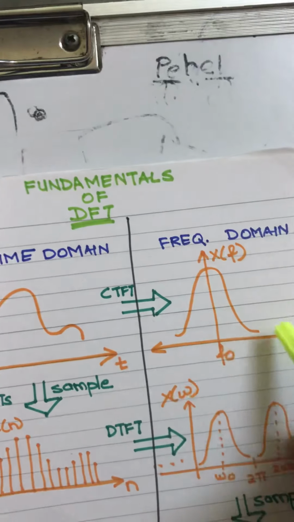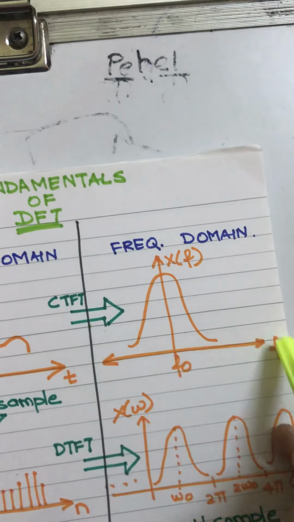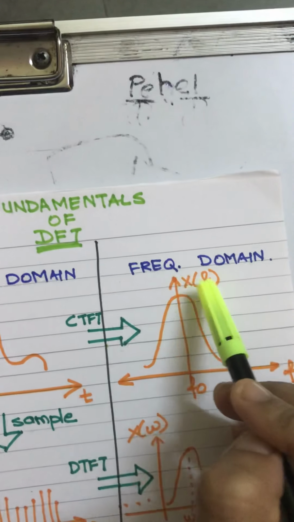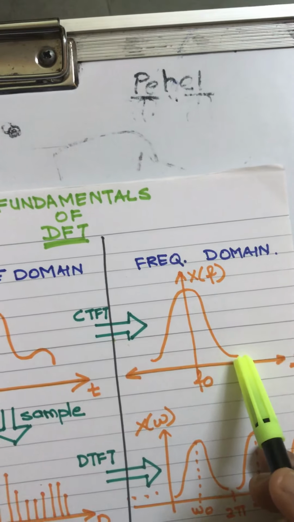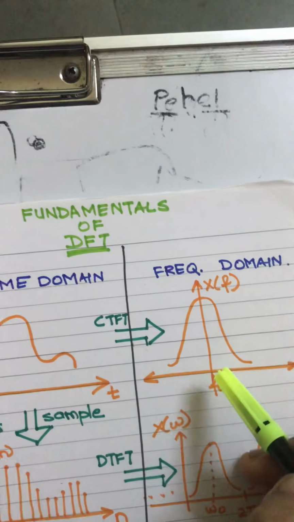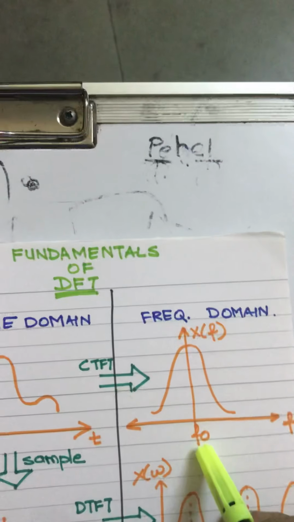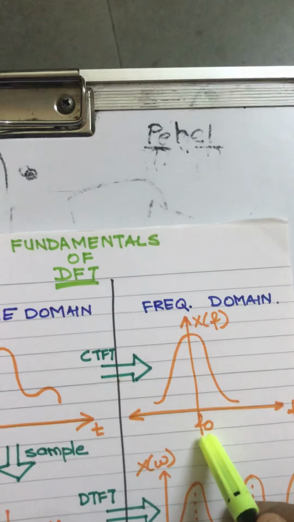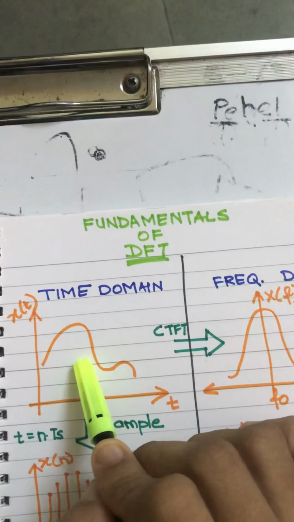So this spectrum will look something like this. With respect to frequency, we plot the amplitude at various frequencies, right? So there is a peak. The peak is at frequency f0, which is the fundamental frequency of this signal.